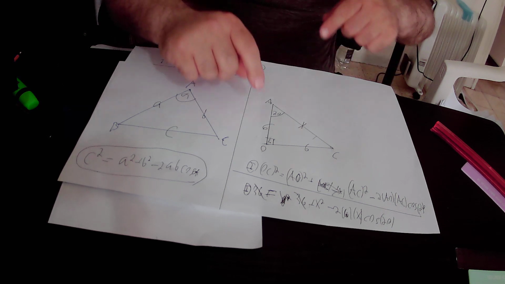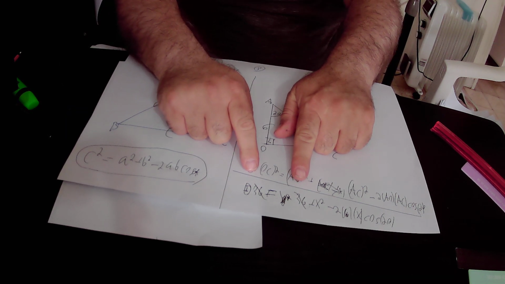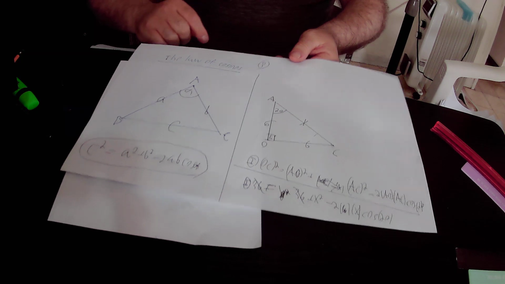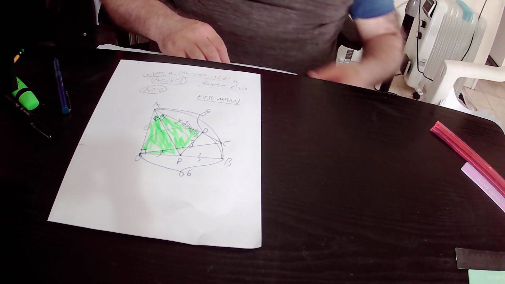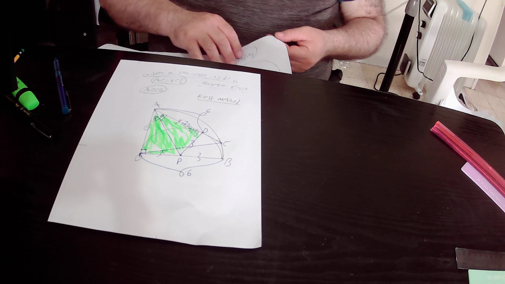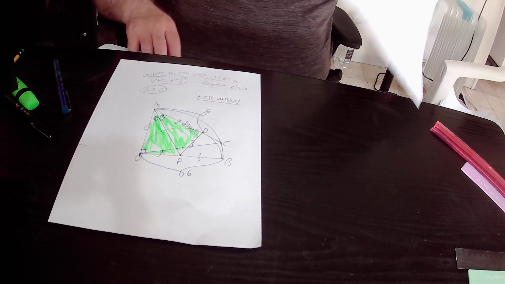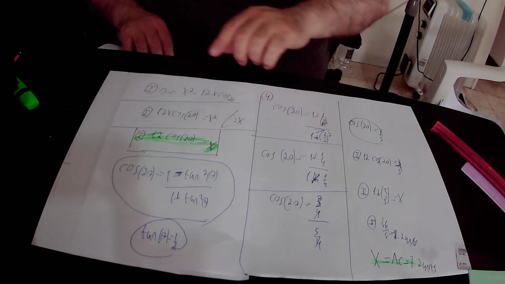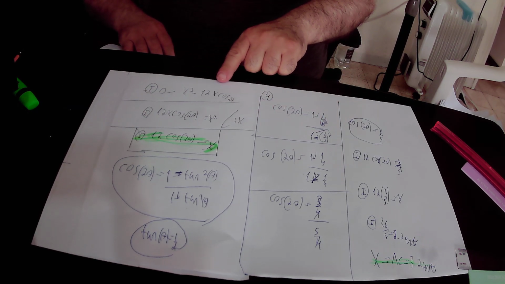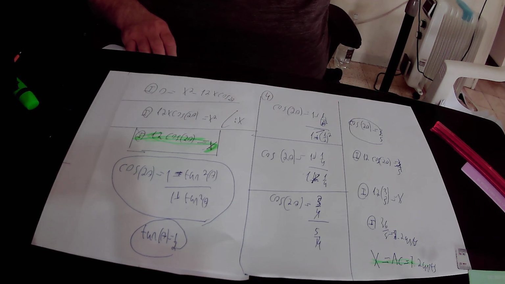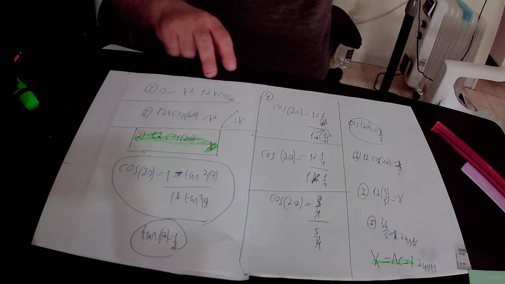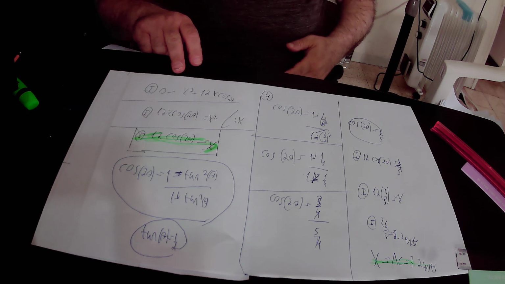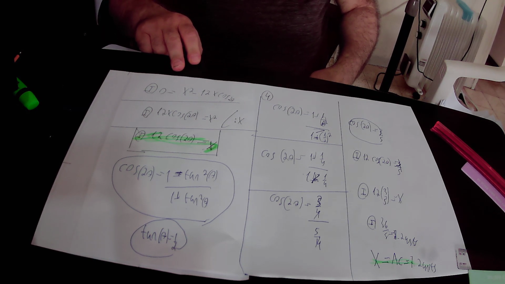Here we have 36 on both sides of the equation, so 36 will get cancelled. What is left from equation number 1 is 0 equals x squared minus 12x times cosine 2 theta. We added 12x times cosine 2 theta to both sides and found that 12x times cosine 2 theta equals x squared.